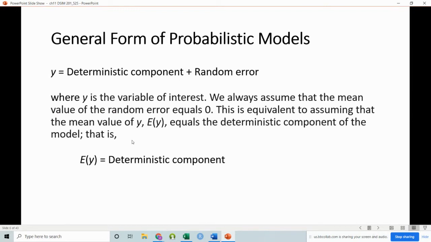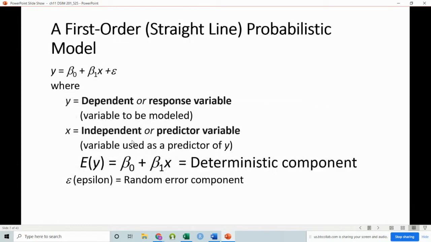So here is the general form of a probabilistic model. We have our y dependent variable equal to a function of x, the independent variable, plus some random error. Our model in standard form is y equals beta 0, which is the y-intercept, plus beta 1, the coefficient of our x term, plus some random error.